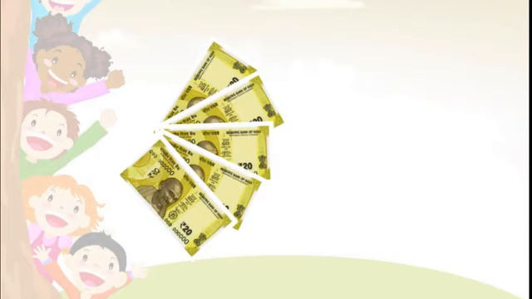So you can use here 2's table. 2. This is 4. Means 2 5s are 10 also you can do, or 20, 40, 60, 80, 100. Right? This is 100 is the total value of these notes. Isn't it?